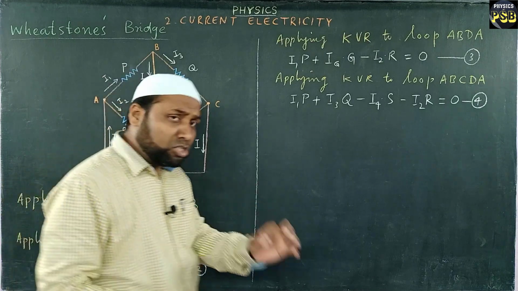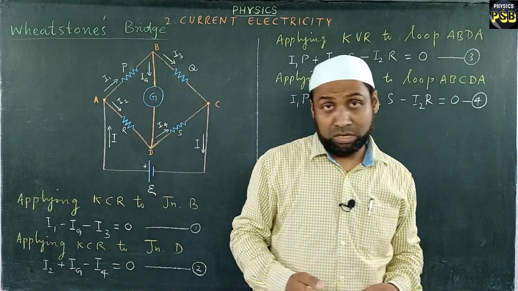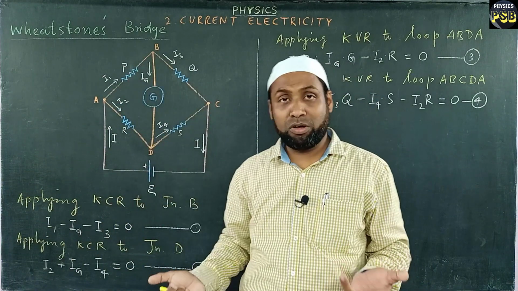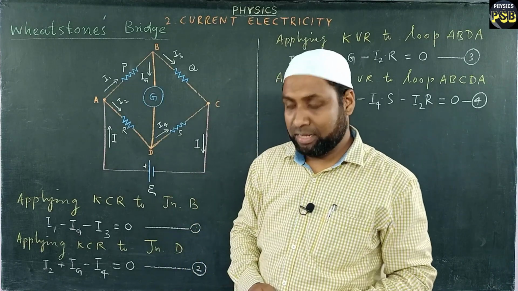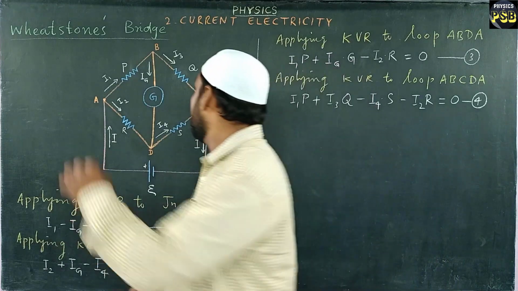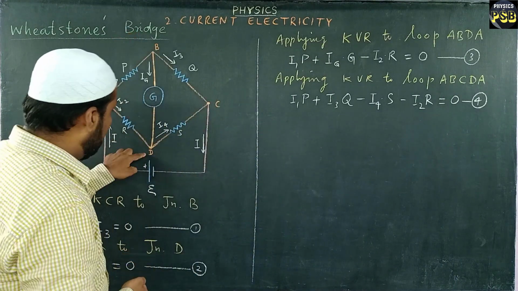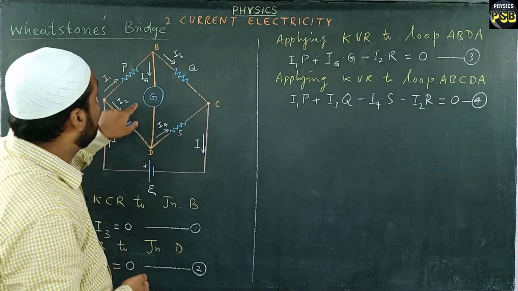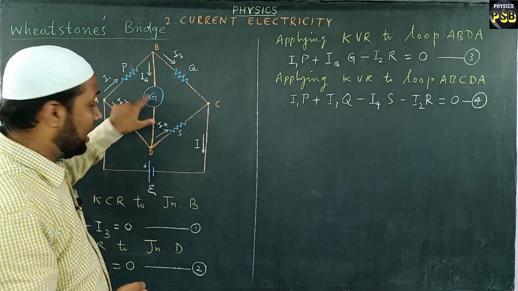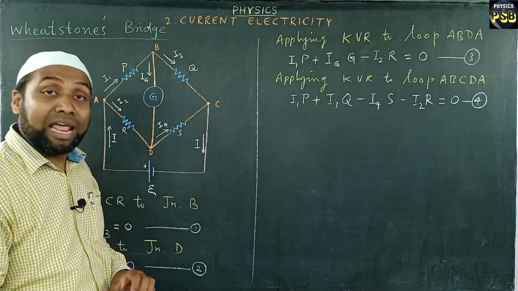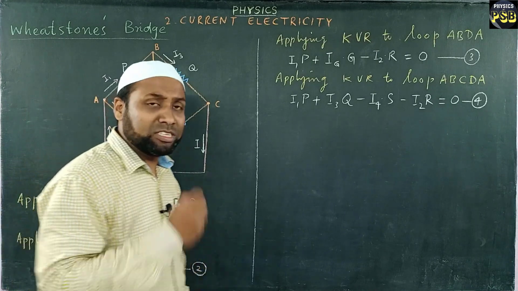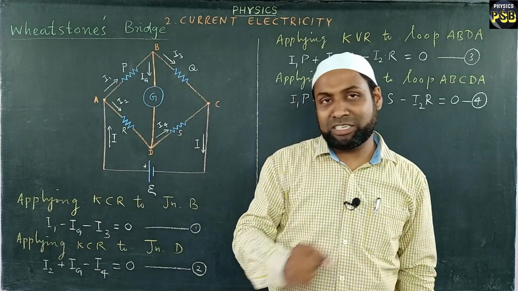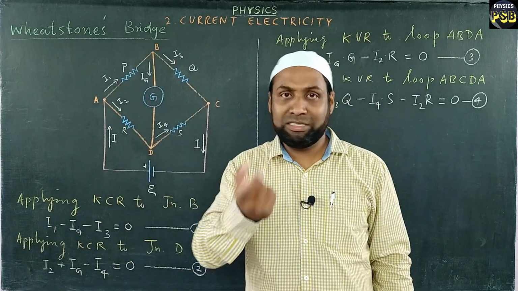When the potential difference or voltage between 2 points is 0, there will be no flow of current. Similarly, when B and D are at the same potential, no current flows through G, and we call this condition null deflection, because the galvanometer shows 0 deflection at this point. Here null means 0.